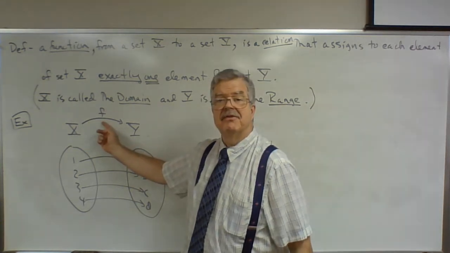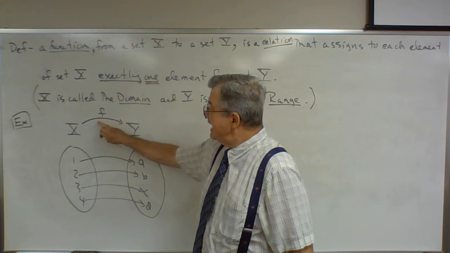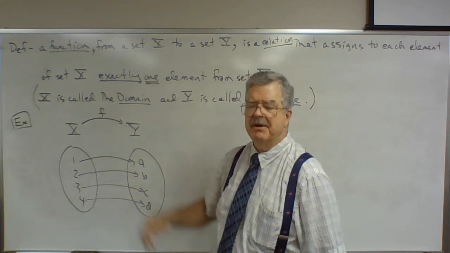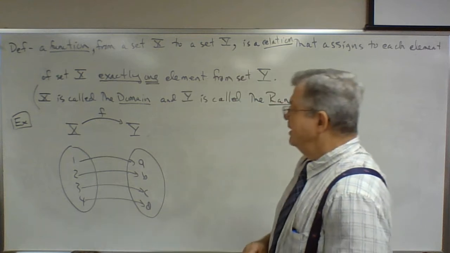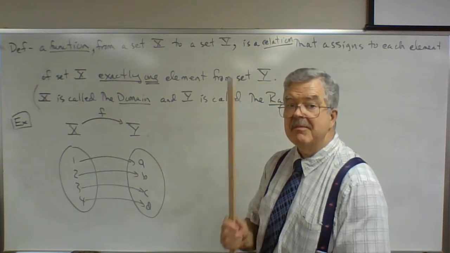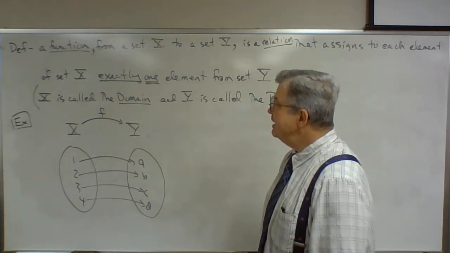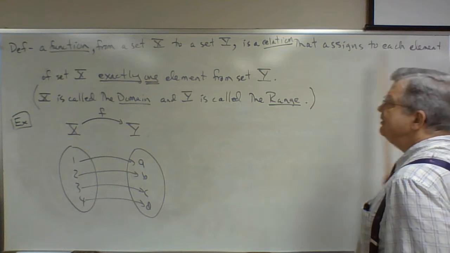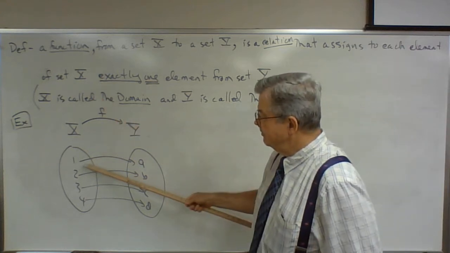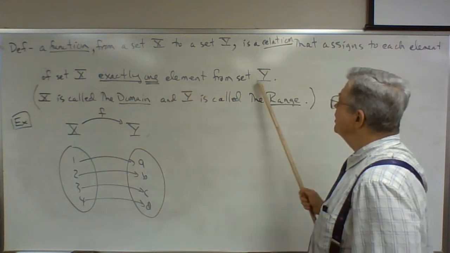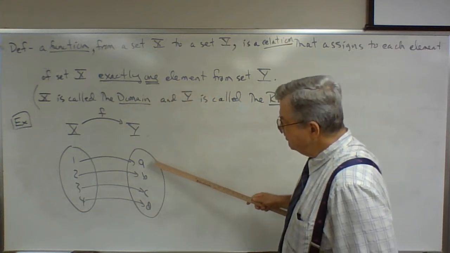So we'll call this function f, and we'll actually denote that it's a function by putting its name right up here. Now, is this really a function? I claim it's a function. If it is a function, then it will assign to each element of set X exactly one element from set Y.